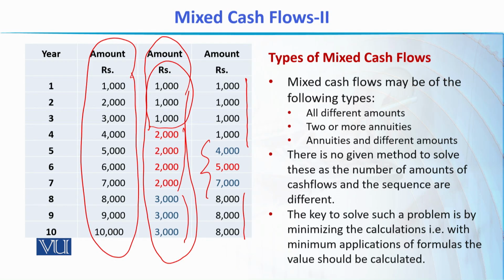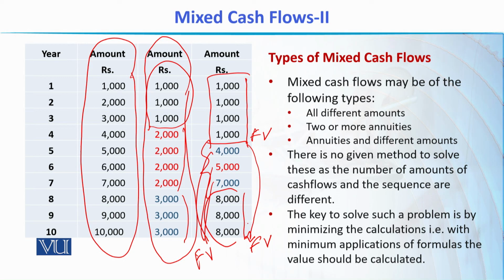Let's have a look at this third entity. Now, if we are interested in calculating its future value, by applying the formula, we'll get the future value here. But ultimately, its value is to be calculated here. So this will require another calculation of its future value. Similarly, all these three will be individually taken at this point and their future value will be calculated.